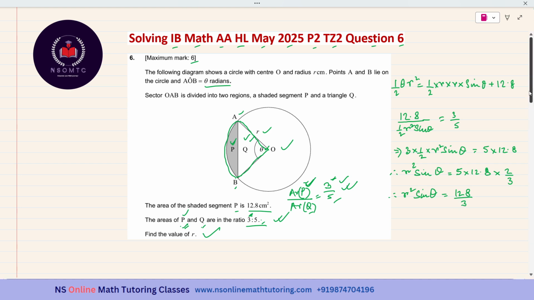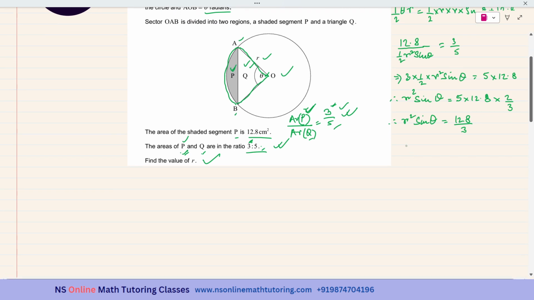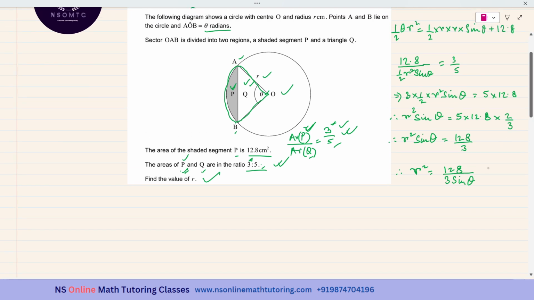So r squared will be equal to 128 over 3 sine theta. Now we substitute this expression in place of r squared in the first equation.